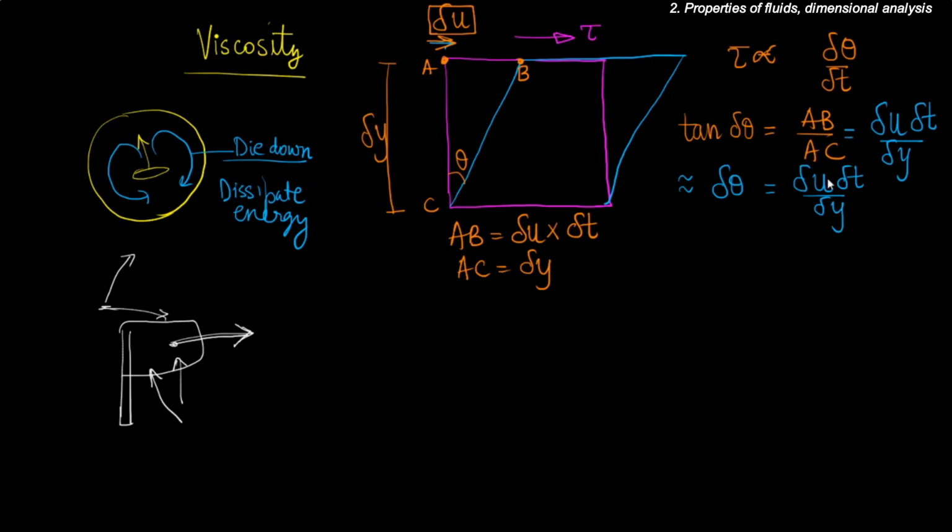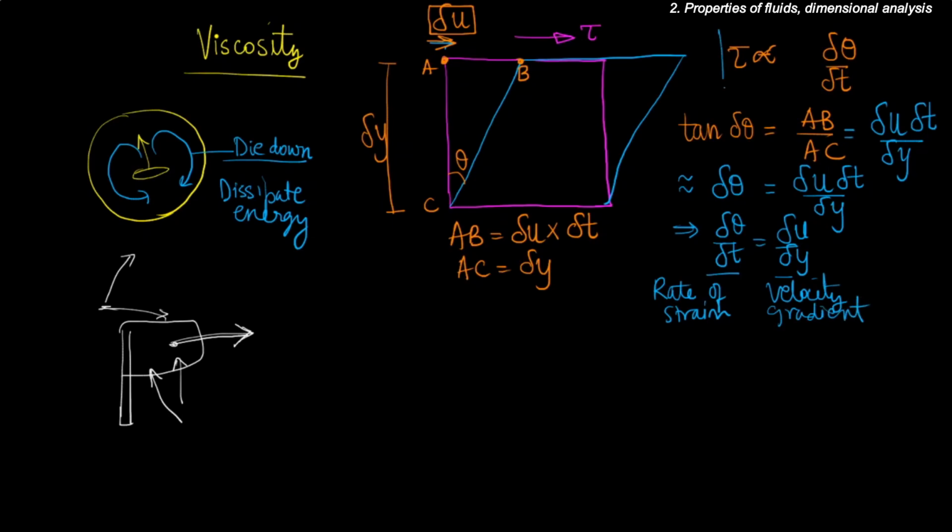So delta theta is equal to delta U delta T upon delta Y, and delta theta upon delta T can thus be written as delta U by delta Y. So the rate of shear strain is equal to the velocity gradient.